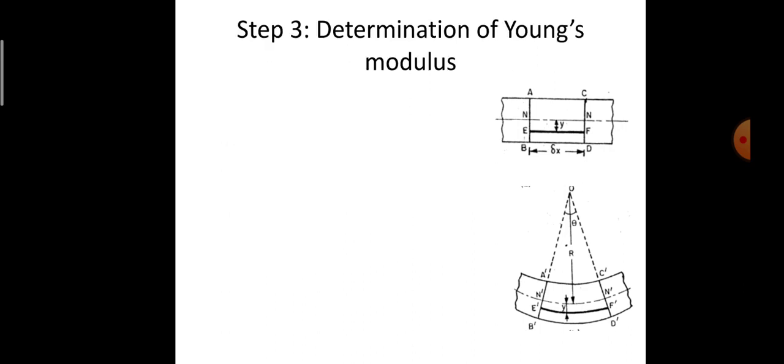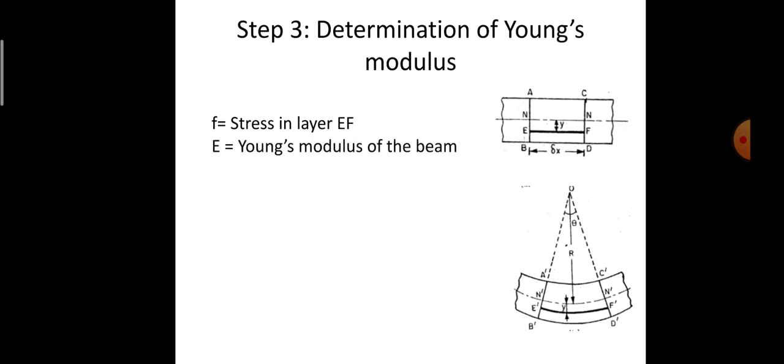Next is to determine the Young's modulus for the layer EF. Let F be the stress in the layer EF and E the Young's modulus of the material of the beam. As I know, E is equal to stress in the layer EF divided by strain in the layer EF. The stress is F, and strain in the layer, as explained in the previous slide, is y by r.